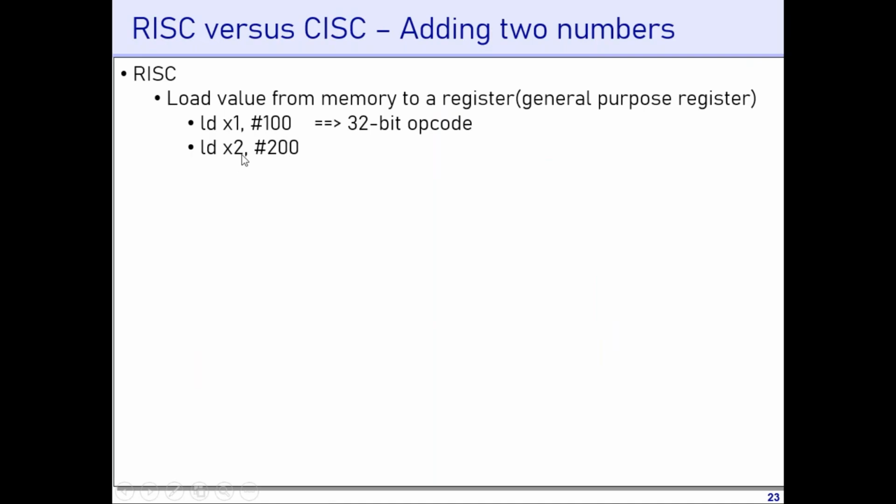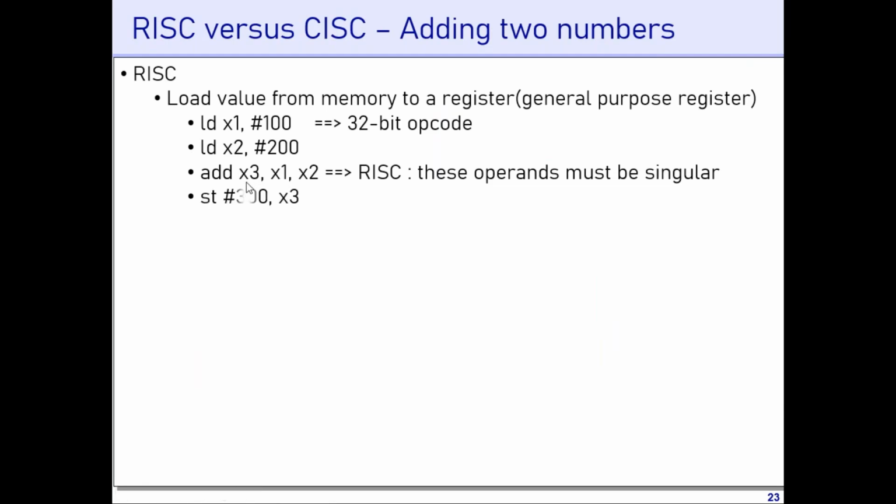Then from location 200, you're loading data into the x2 register. x1 and x2 are general purpose registers. Then you're adding the contents of x1 and x2 and storing the result into x3. Then you store the result of x3 back into location 300. Each instruction completes in one cycle, so this will all take 4 cycles.